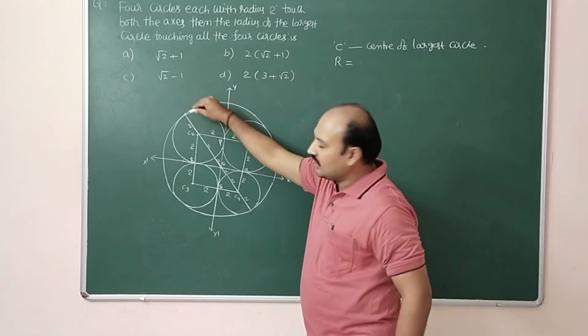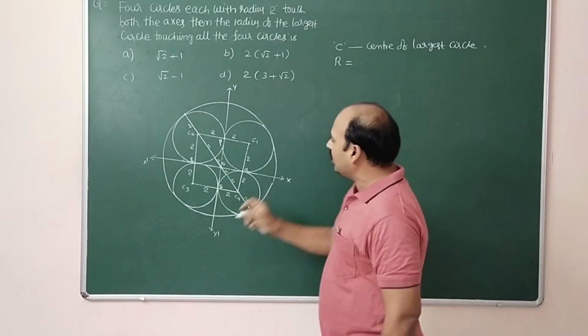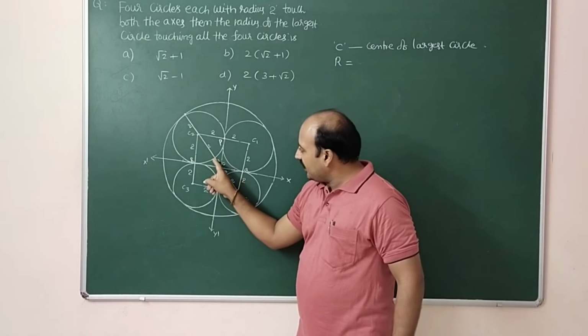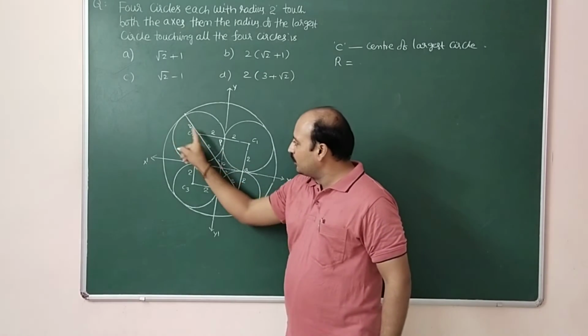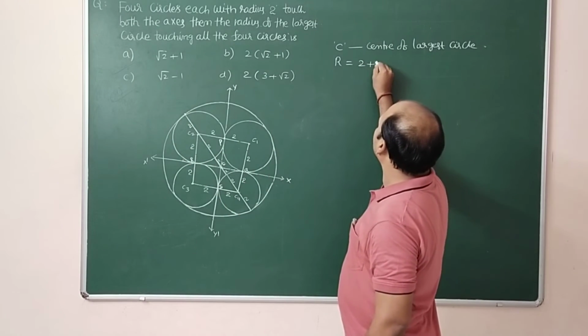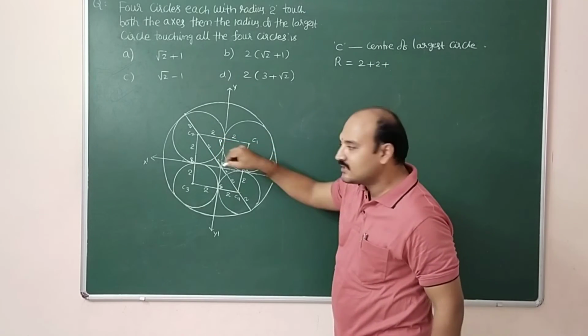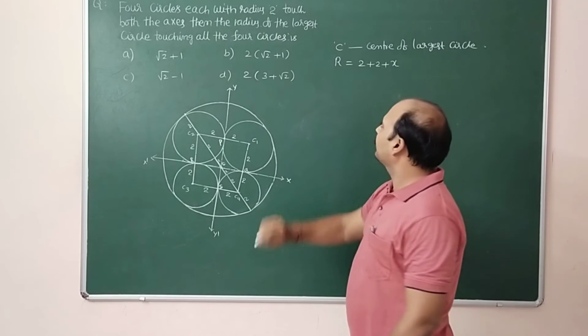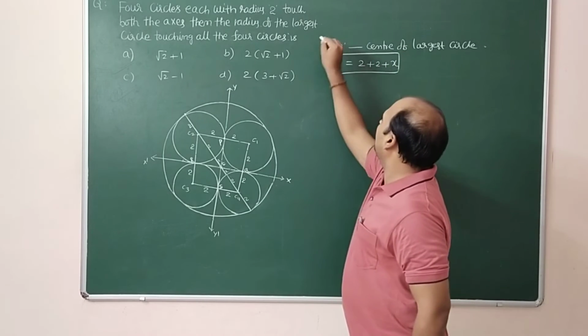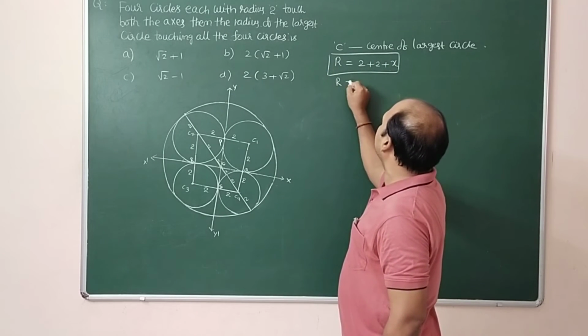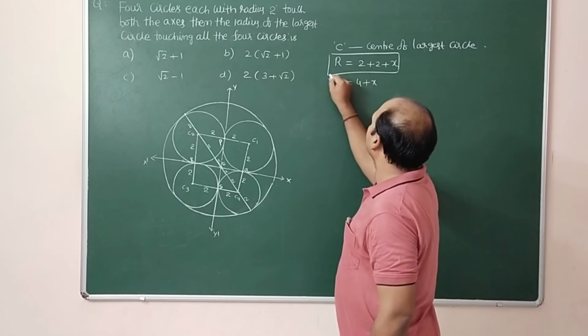The radius of the big circle, that is the largest circle. Capital R equal to, from the diameter of this small circle, that means 2 plus 2, plus from here to here we don't know the distance, so I am assuming that as x. Keep in mind this value: 2 plus 2 plus x, that is R is equal to 4 plus x.